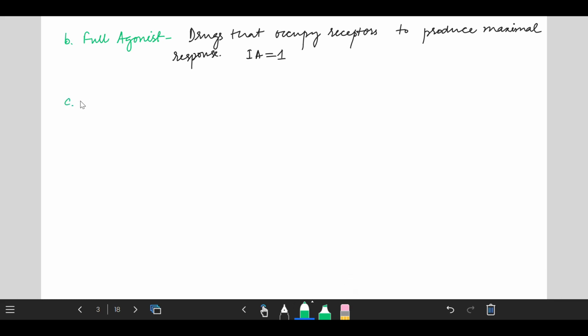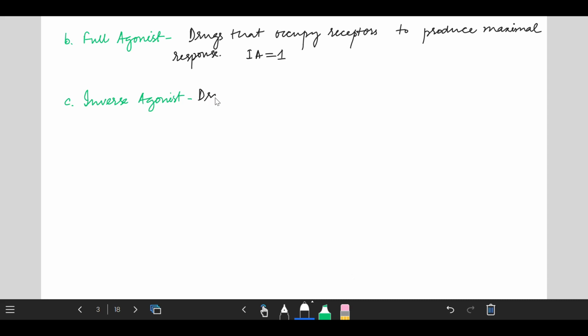Okay. Another one, the third one, is inverse agonist. Now we will understand what is inverse agonist. These are the drugs that produce a response opposite to the pharmacological effect of an agonist. Okay, so it produces the opposite effect to that produced by the agonist.